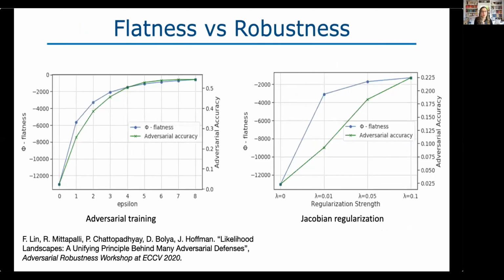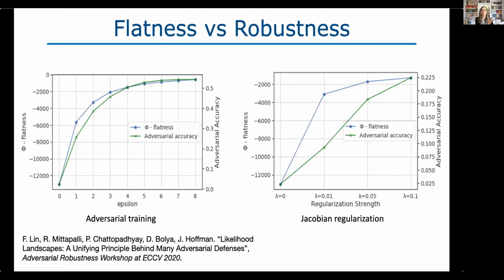And so we did just that, and we looked at how the flatness quantity changes at the same time as the adversarial accuracy changes. On the x-axis, what we're showing is epsilon in adversarial training on the left, or the lambda factor, meaning the regularization constant, for a Jacobian on the right.